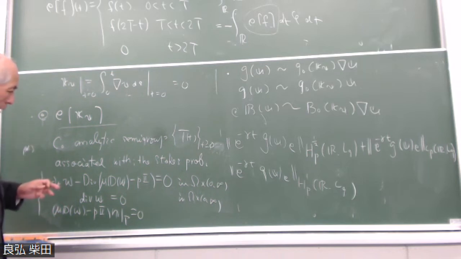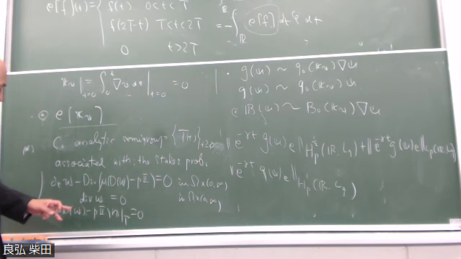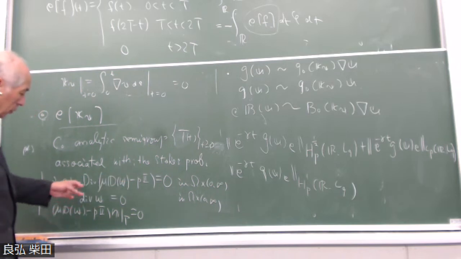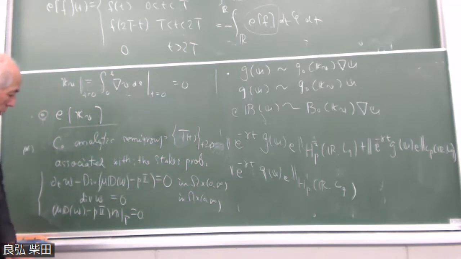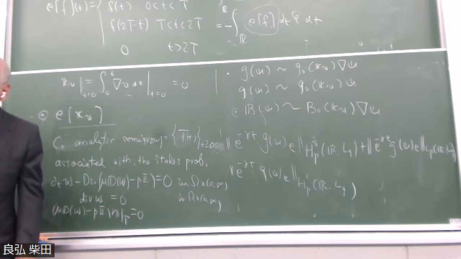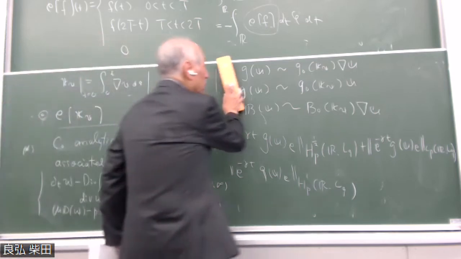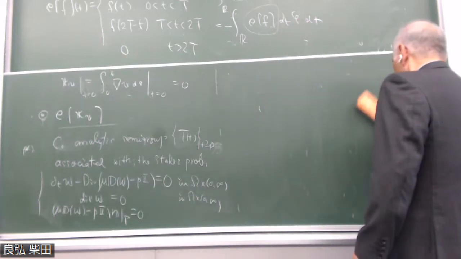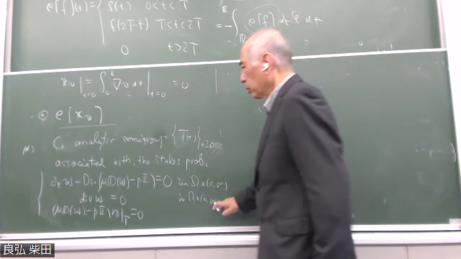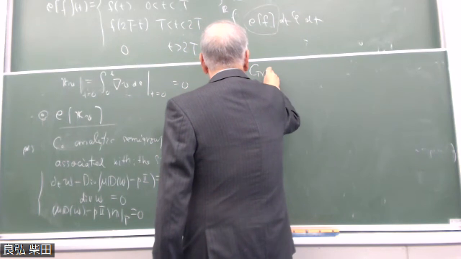But maybe I already told you that, following the Grubb-Solonnikov method, we eliminate P by using the divergence of W. I already talked about this one. I don't remember. The Stokes problem case, you know, Grubb-Solonnikov.